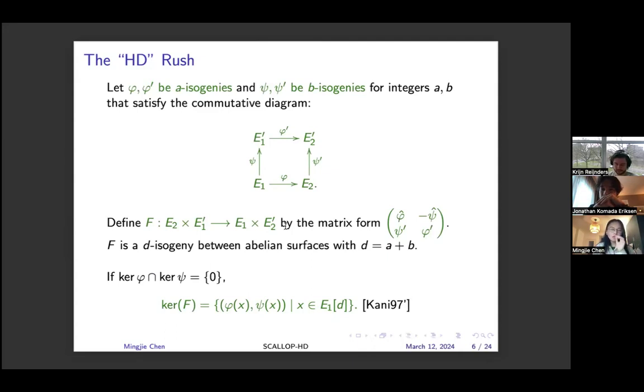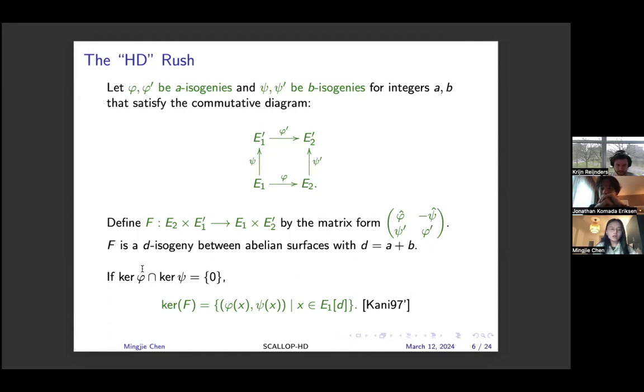This lemma introduces a new way to represent isogenies. Instead of giving its kernel explicitly, which can sometimes be hard when the degree of the isogeny is, say, a large prime, we can actually give the kernel of this isogeny between abelian surfaces instead.